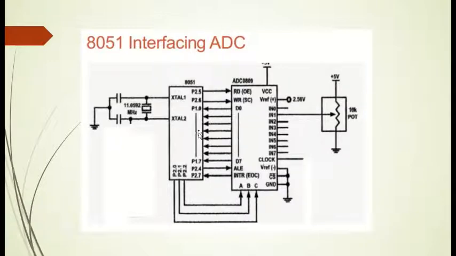As soon as the conversion is over, the interrupt will be made high, which indicates that the conversion is over. Then you have to make your OE, output enable, high to make the output available on the data bus. So this can be done using a program. I want you to refer to that in your book.